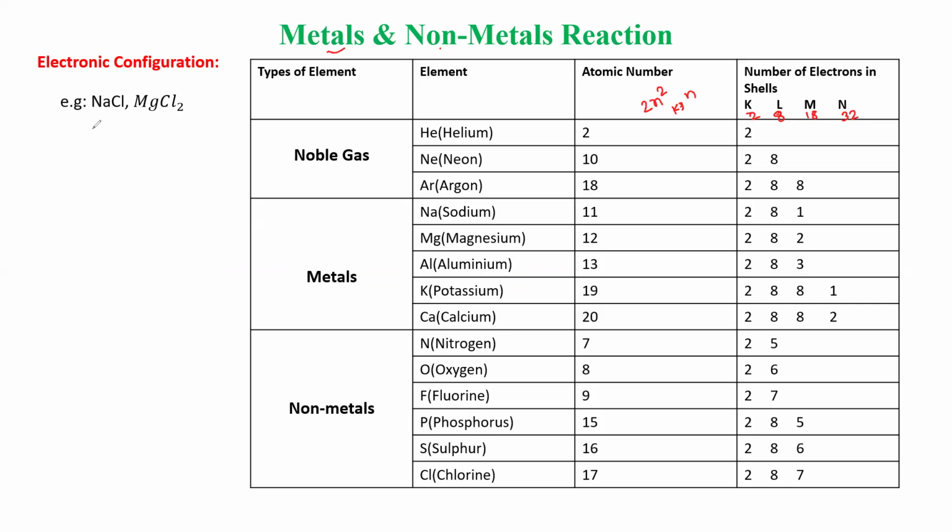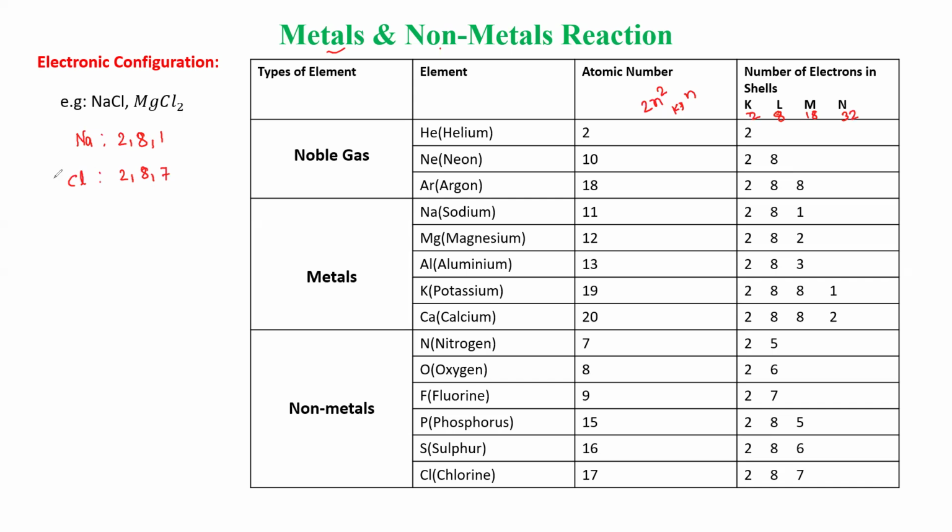Now, when we are writing about this compound, it is important to remember the valency or atomic number. In case of sodium, its atomic number is 11, so sodium is written as 2,8,1 electronic configuration, and chlorine's atomic number is 17, so that is 2,8,7.